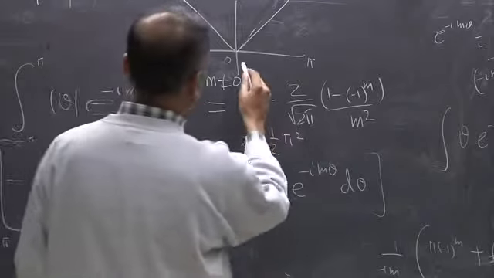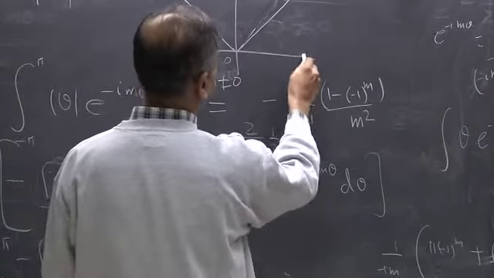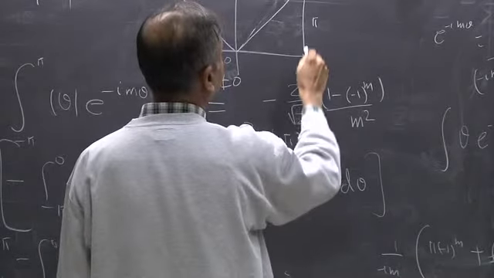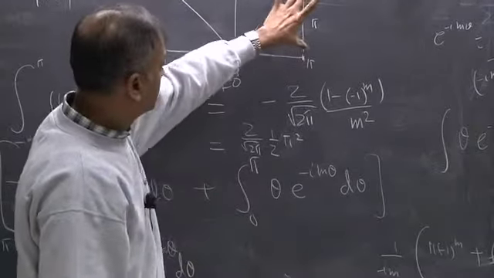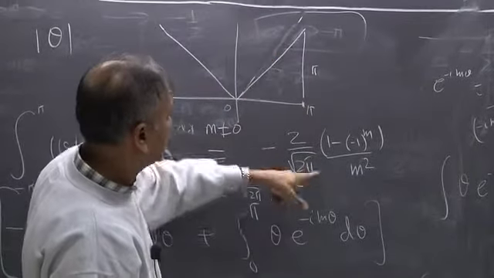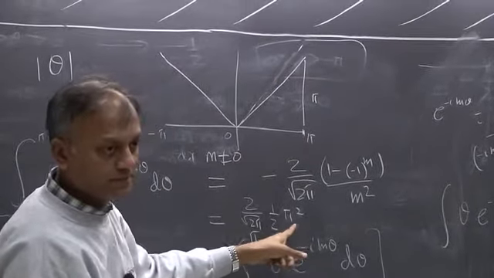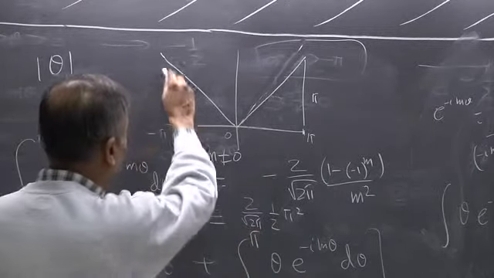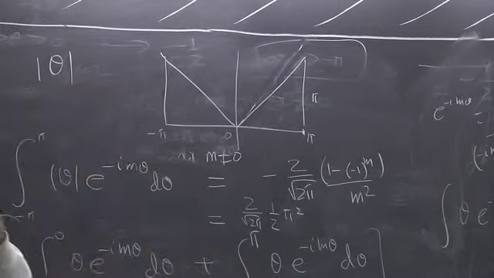Because this is theta, so at theta equal to pi, this is also pi here. So the height times this length divided by 2, so 1/2 pi squared. And there is a factor of 2 because it's exactly the same area here also. Okay, so these are the coefficients.